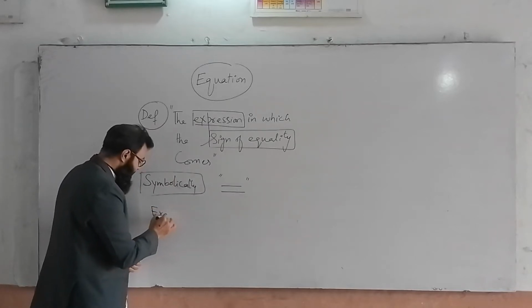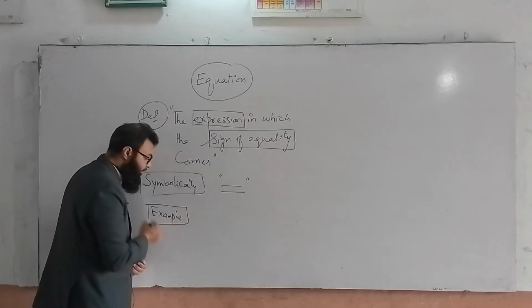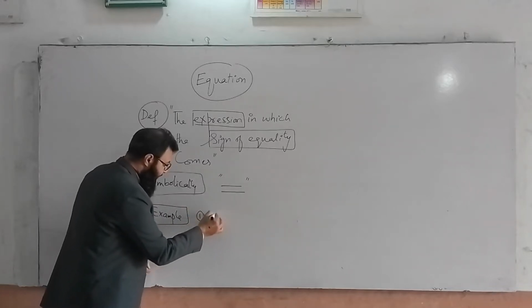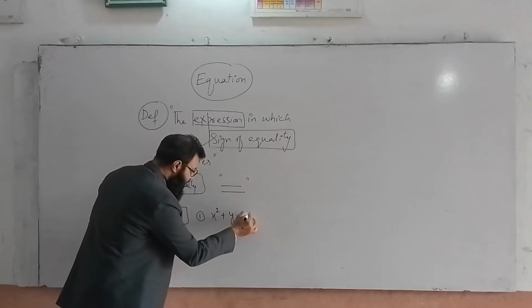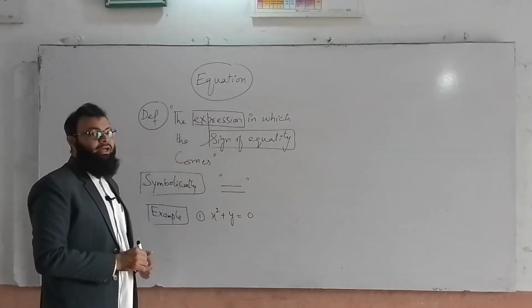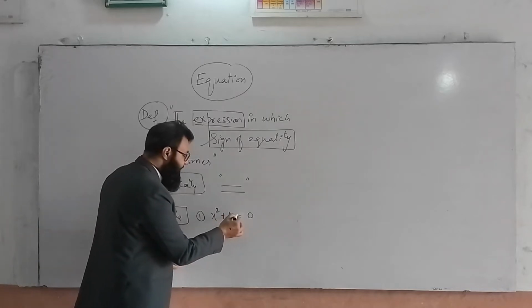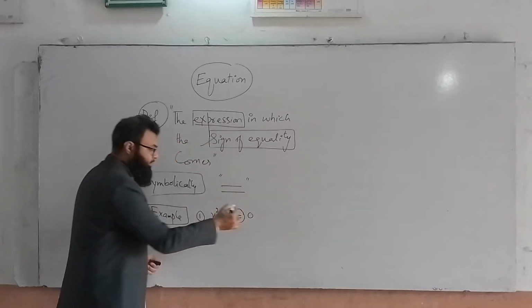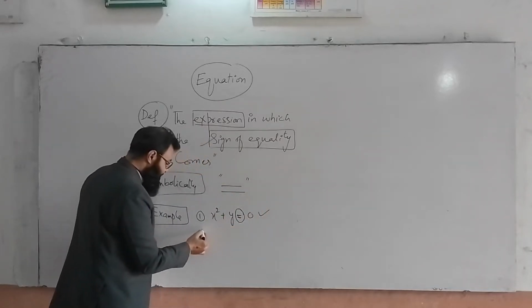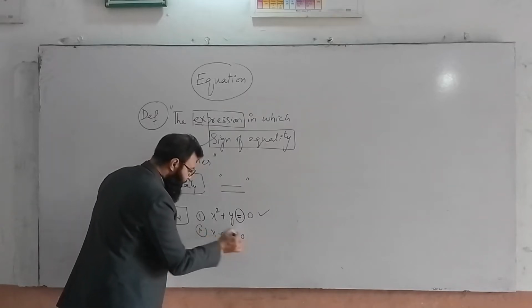For example, in order to clear this concept, I give some examples on the board. First one is x square plus y is equal to 0. Should we call it an equation? Yes, we can call it an equation, because here the sign of equality comes. So we can say that this is an equation. x plus 1 is equal to 0.